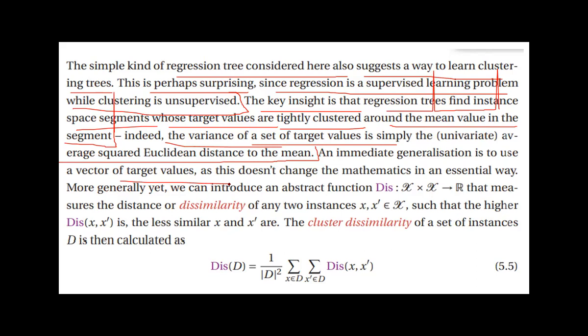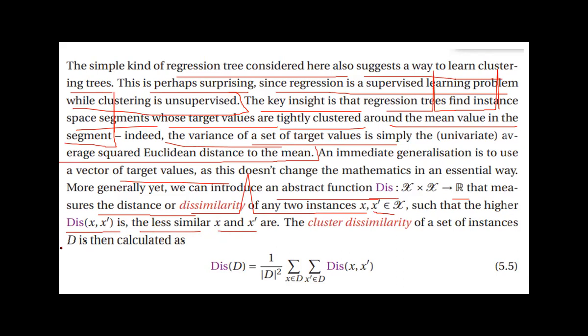Yes, this doesn't change the mathematics in an essential way. For example, we can introduce an abstract function, Dis: X cross X belongs to R, that measures the distance or dissimilarity of any two instances x, x dash, where x belongs to X, such that the higher this is, the higher the dissimilarity between x and x dash.